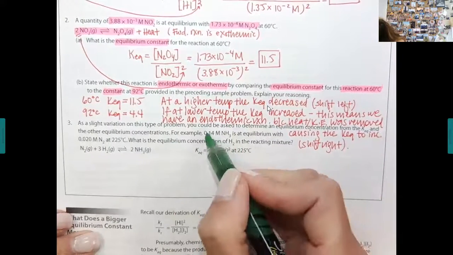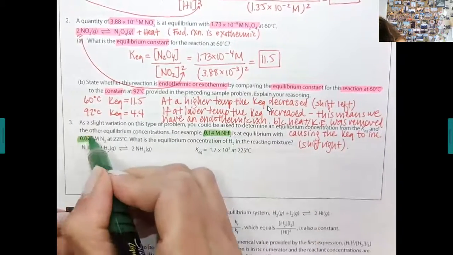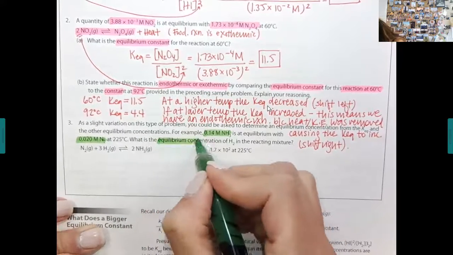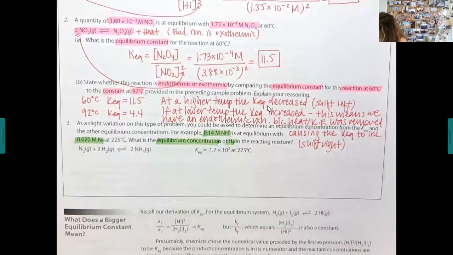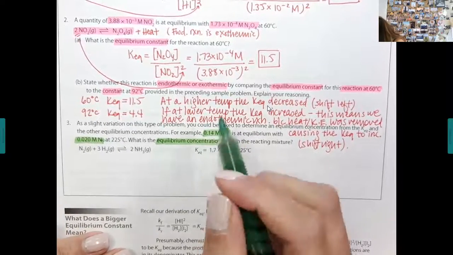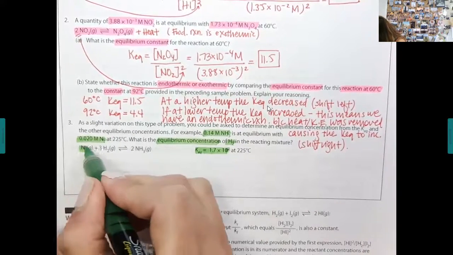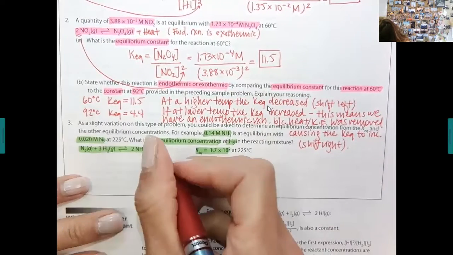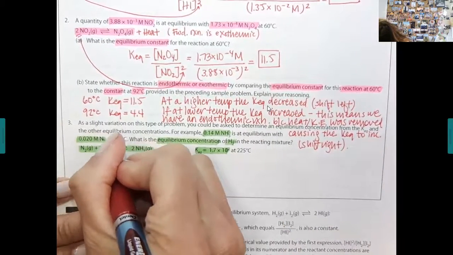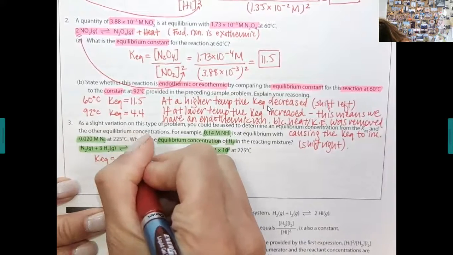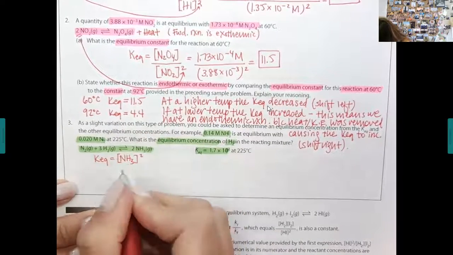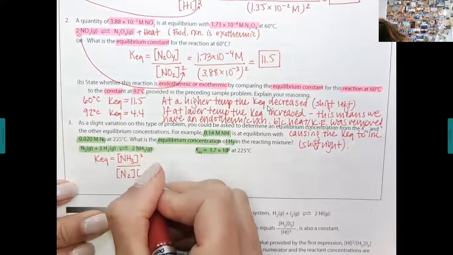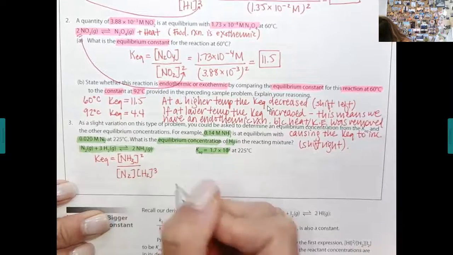For number 3, you've got this concentration of NH3 at equilibrium with that concentration of N2. They want the equilibrium concentration of H2. Okay, and they gave us the equilibrium constant, and here's your overall reaction. Okay, so what we're gonna do is KEQ is equal to the concentration of NH3 squared because of the coefficient in front of NH3 over N2 times H2 cubed.